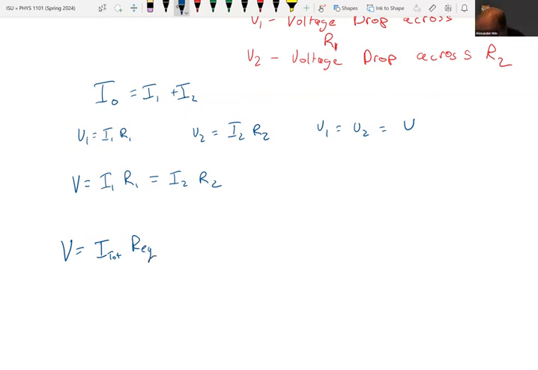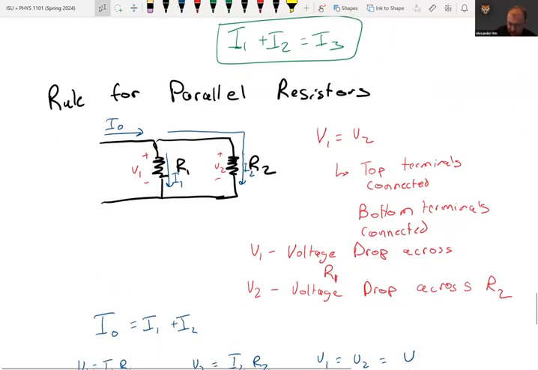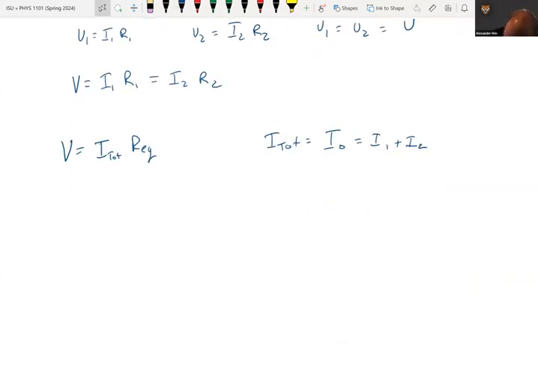Okay. Now, how are we going to do that? Well, I total is just going to be I0, because that's equal to I1 plus I2. Basically, the way you should think about it is I0 got split into I1 and I2. So V is equal to I0 times R equivalent, which is also equal to I1 R1, which is also equal to I2 R2.